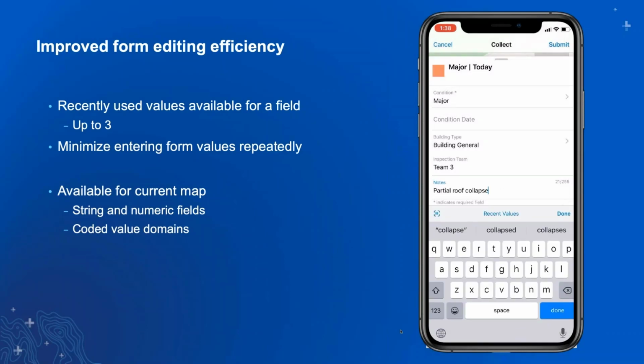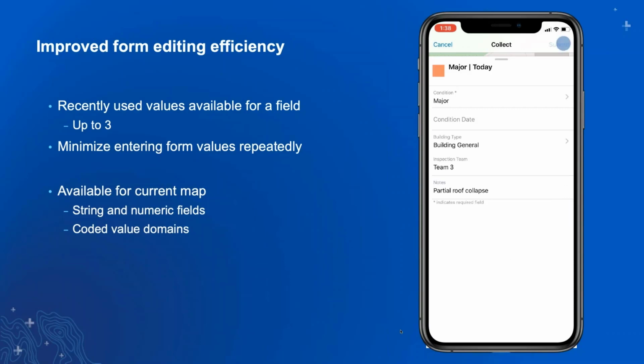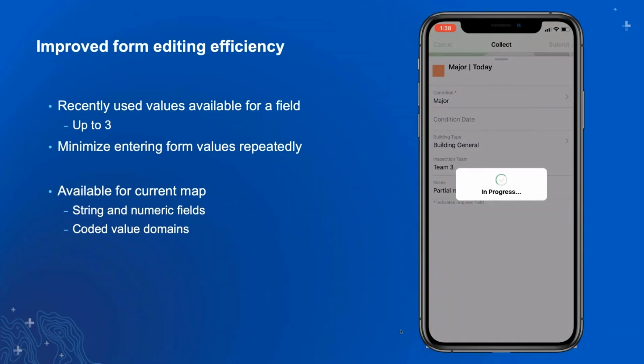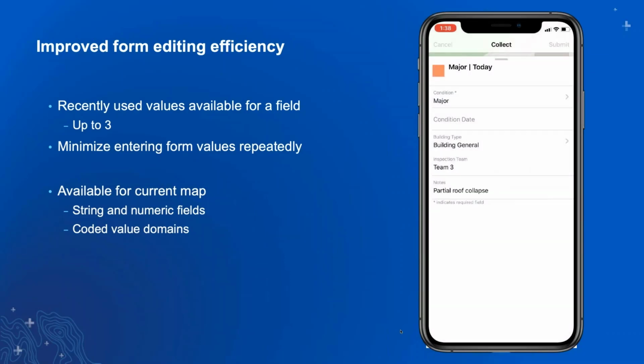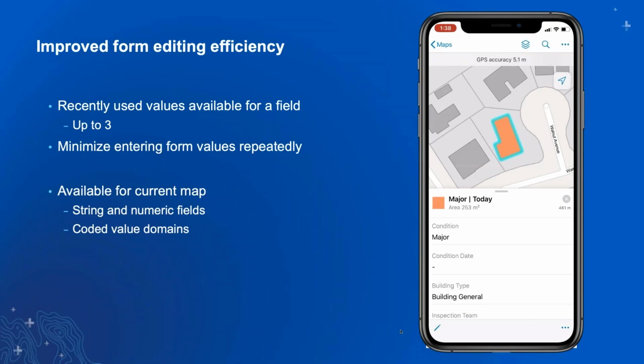Hopefully that's not something people see often, but if you are entering that repetitively, it does remember those automatically for you. You don't have to use them, but they're there for you to take advantage of. And that does work for both text fields or numbers, but also for coded value domains or pick lists of values as well. If you have a long list, it'll remember and just show you the top 3 at the top.